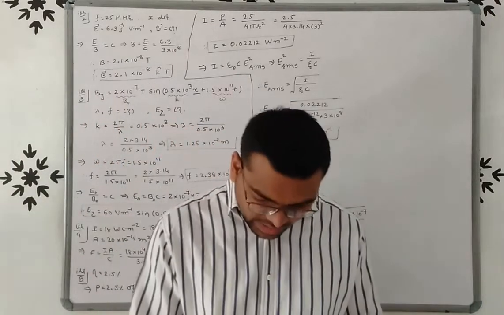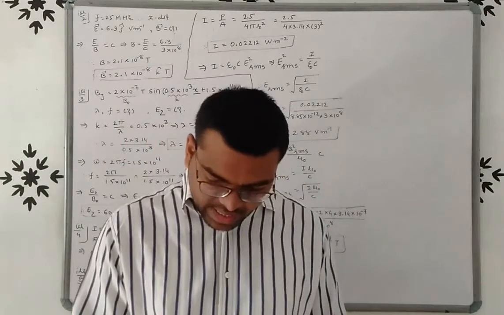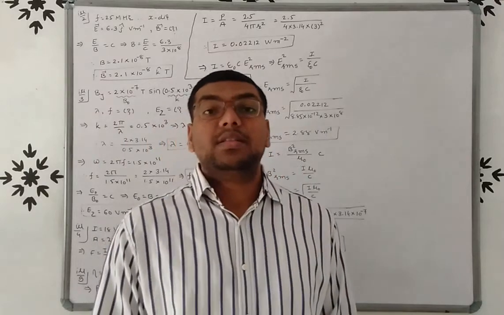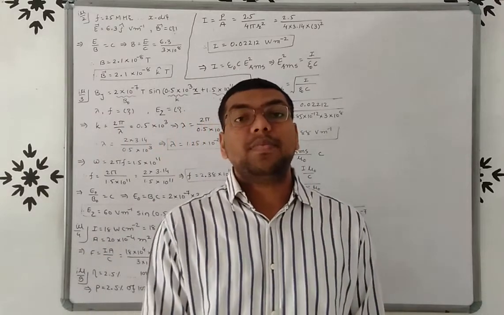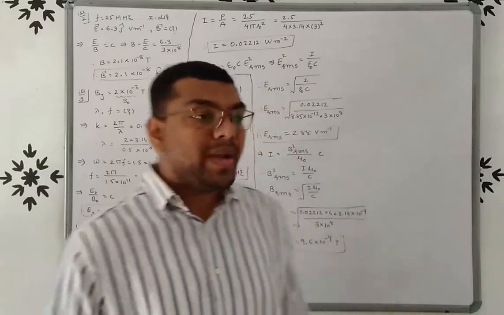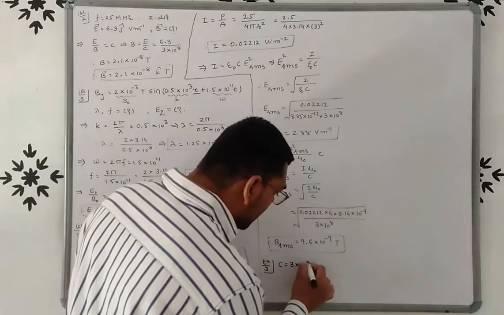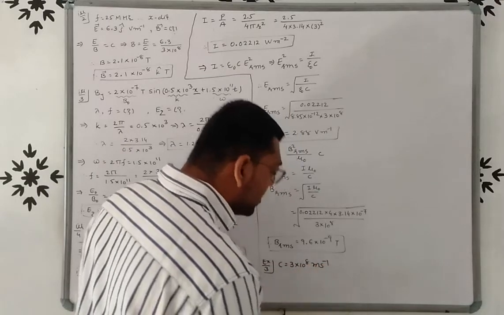Friends, you already studied X-rays, red light and radio waves. The same quantity will be speed, that is c equal to 3 into 10 raised to 8 meter per second.